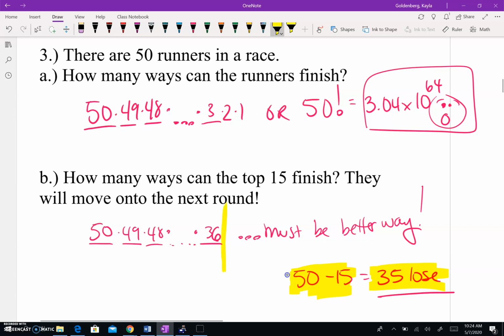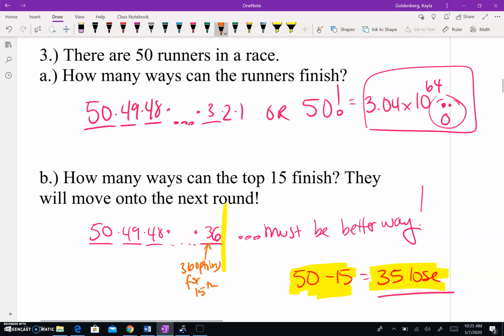So right at the edge of that, we have 36. And the 36 there is because at this point there are 36 options for whoever is 15th in the race, right? And if you think about it, it kind of makes sense. If 35 people are going to lose, right, there's one more than that who are possibilities for the very last slot.